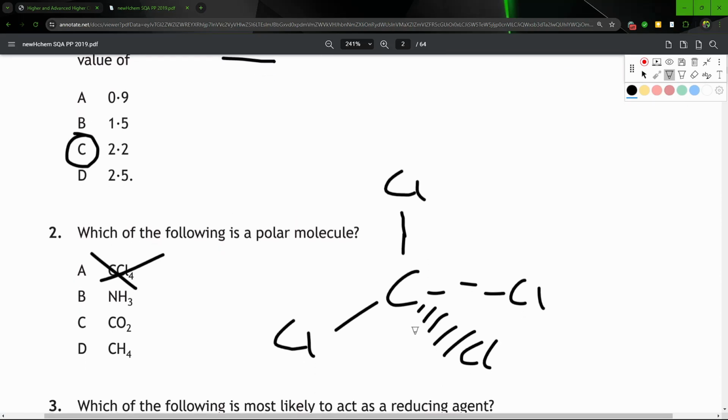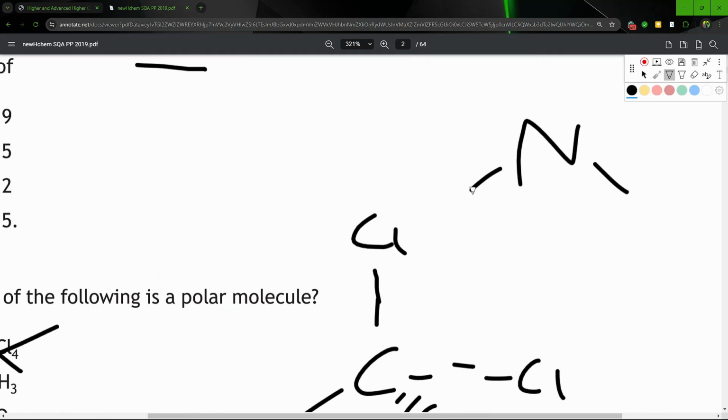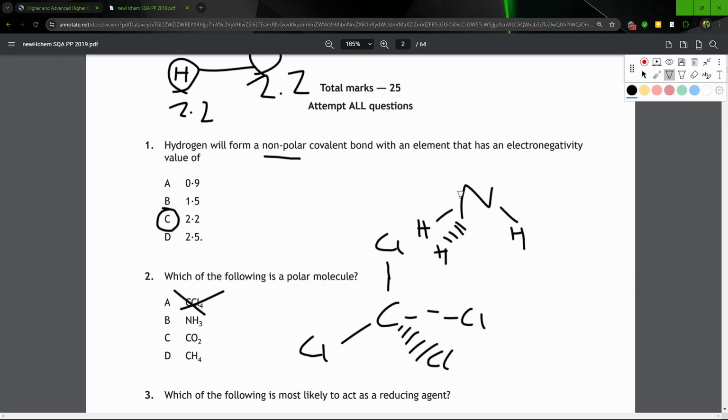Now, what about ammonia? So ammonia, in a similar vein, still has that 3D structure. If you can see here, it's quite clear actually that we have a dipole going up the way, because it looks like a bit of a pyramid.